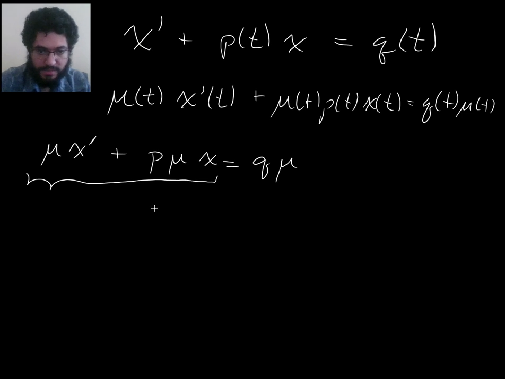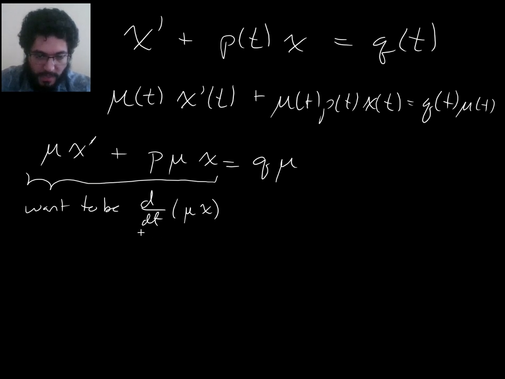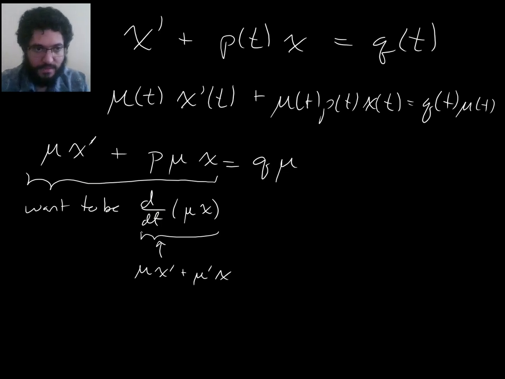Then look at this and decide that you want it to be d/dt of mu x, and observe that d/dt of mu x is mu x prime plus mu prime x, then notice that these match up. So if you want this to equal this, then this should equal this.